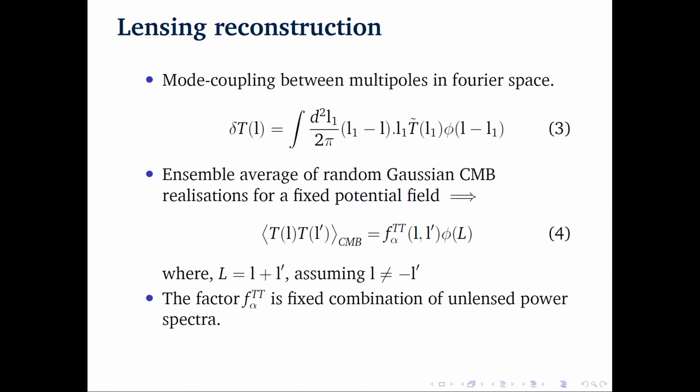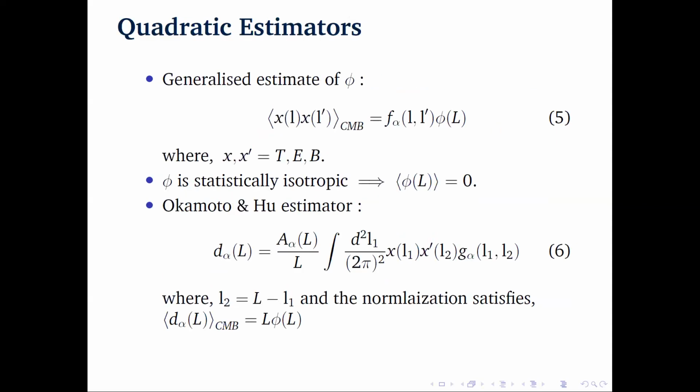So our goal is to correctly reconstruct this lensing potential, and we use a quadratic estimator, which is obtained by taking a quadratic pair of the temperature or the polarization fields.